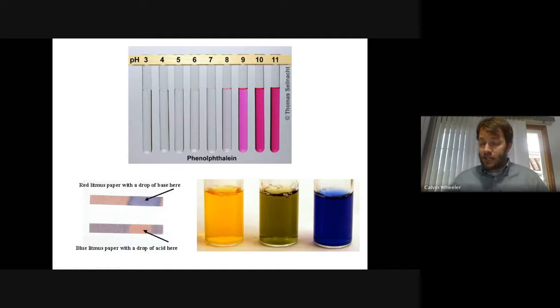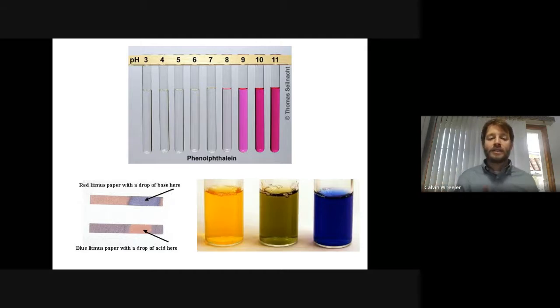Next thing, indicators. We can use indicators to determine whether you have an acid or base. Remember how I just said that if you have two beakers, an acid and a base, they're both going to be clear and colorless. They're going to look like water, because you can't see dissolved substances. And since acids and bases have properties that can be dangerous in terms of being corrosive, you don't want to just stick your finger in and see if it's slippery, right?